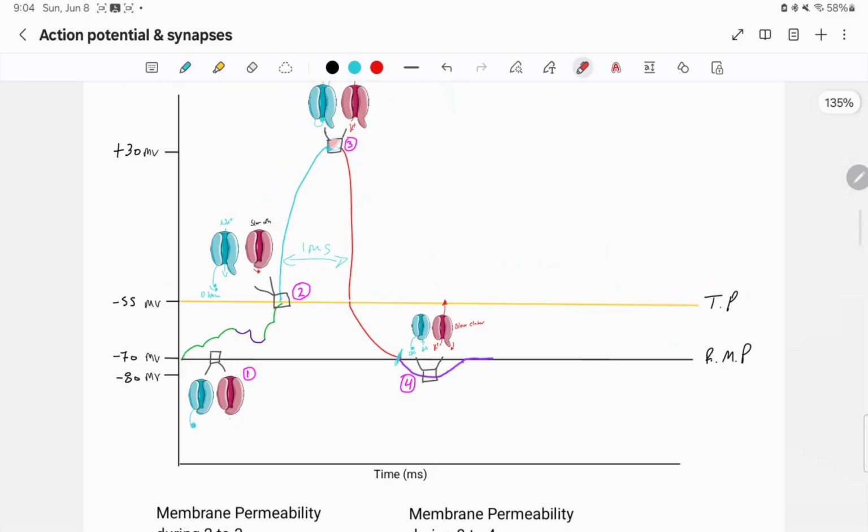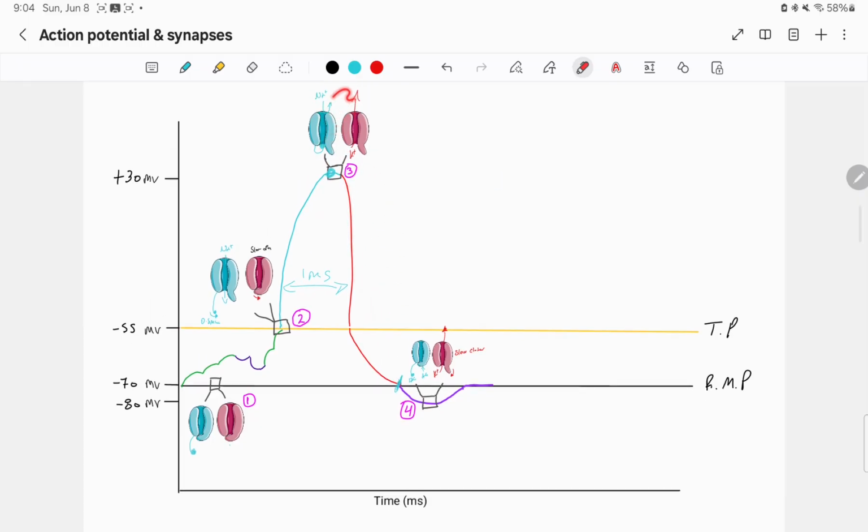So from here all the way to this point right here, it stays exactly like this, but as soon as I hit this point, it switches and the inactivation gate opens up and the activation gate closes. Okay? Coincidentally, the fact that this configuration changed is why, in this scenario to this scenario, we can actually launch another action potential. It's all about the configuration of the sodium voltage gated channel. Okay? It's because this guy changed and the activation gate can now be opened again.